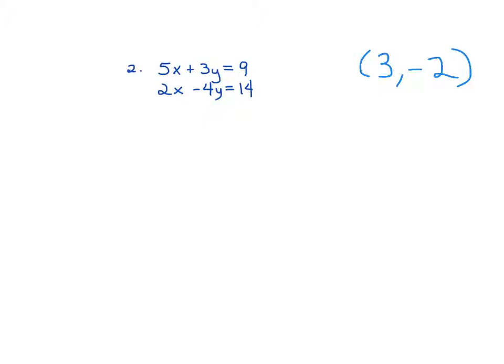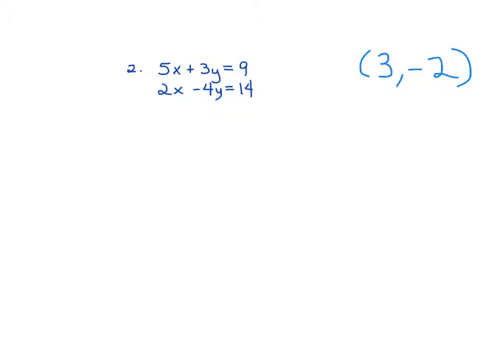Okay, so for this one, it's not set nice and pretty for you, but you can choose what method you want to do here. I'm going to use elimination again. And again, you can choose to eliminate either x or y, because in this case, I've got to multiply both equations. The way that I'm going to work it out is I'm going to eliminate y.